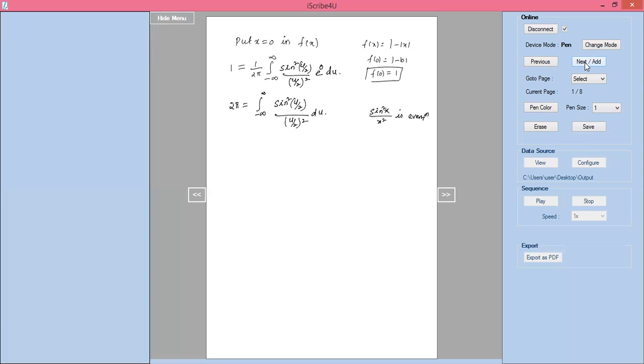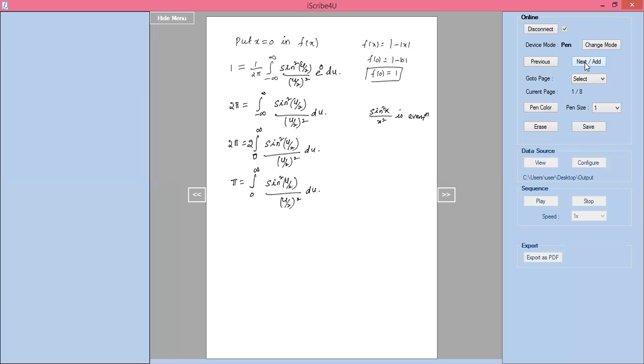With u by 2 as t, whenever the function is even, the integration from minus infinity to infinity is 2 times the integration from 0 to infinity. So 2 pi equals 2 times the integration from 0 to infinity of sine square u by 2 divided by u by 2 whole square du. Now I'll write pi, since 2 pi by 2 is pi, equals the integration from 0 to infinity of sine square u by 2 divided by u by 2 whole square into du.